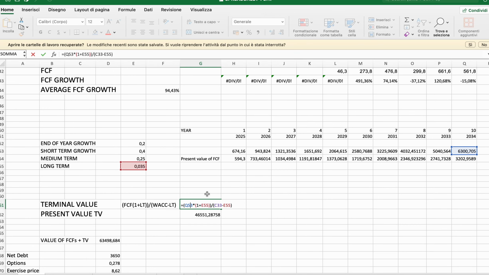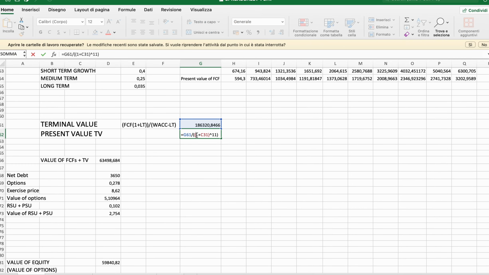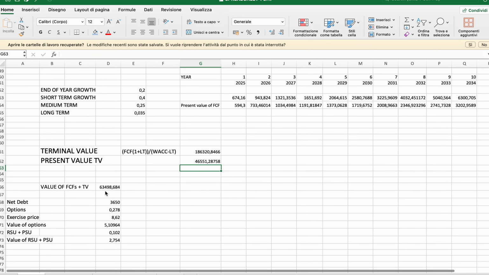Here you can see how I've done it, and here's the present value of that terminal value. Next, we sum up the value of the future cash flows and the terminal value.